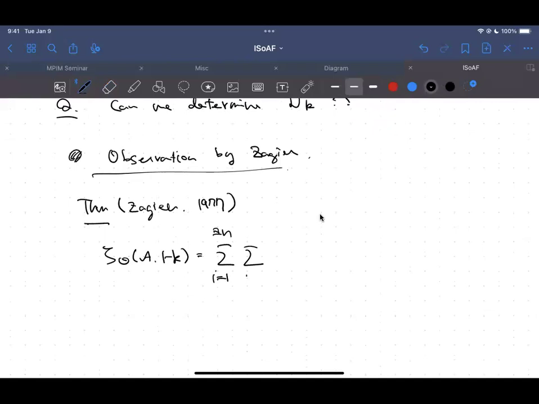Sum over some indices of some integer, which I will briefly explain the notation afterwards.